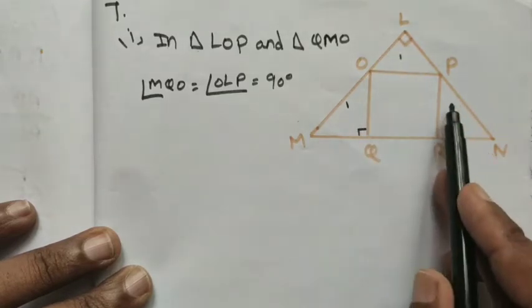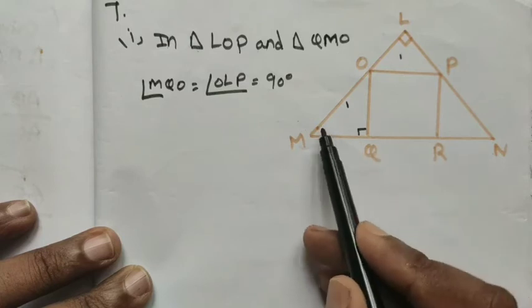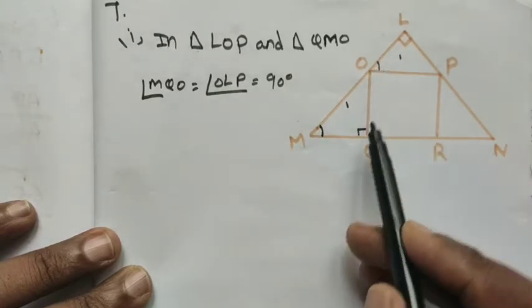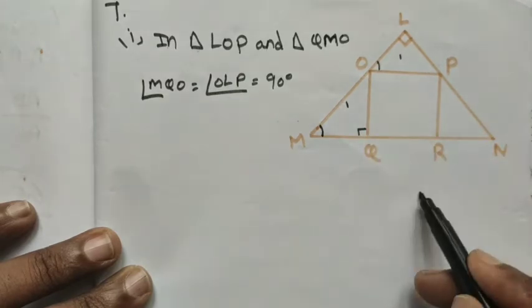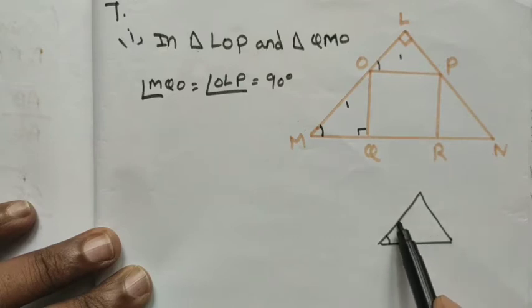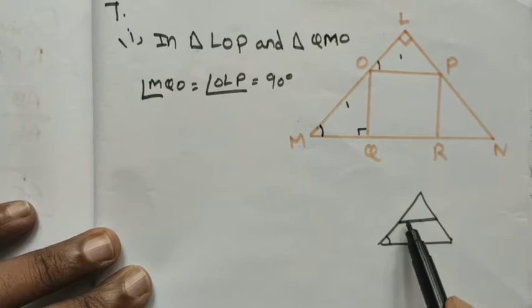In a triangle, if you draw a line parallel to the base, then the angles do not change. If you draw a triangle like this, here it is 60 degrees, then if you draw a line parallel to the base, this angle is also 60 degrees.